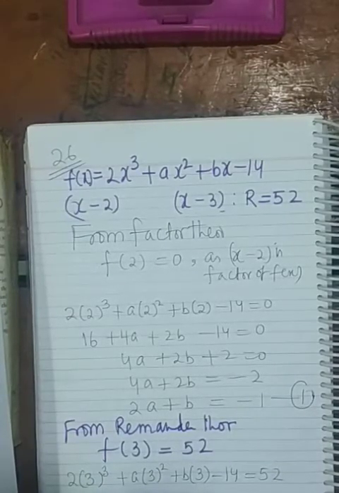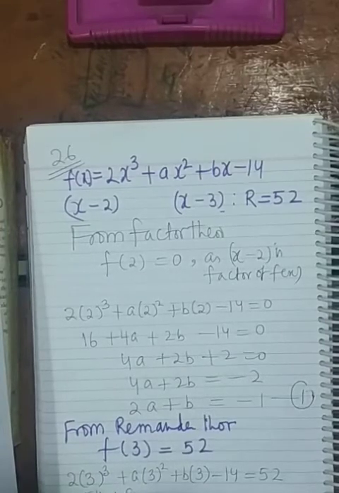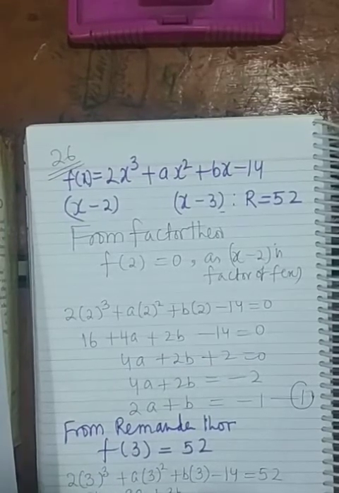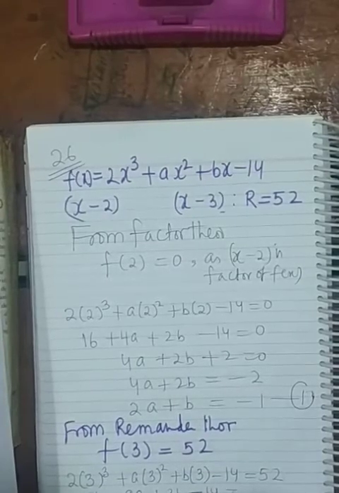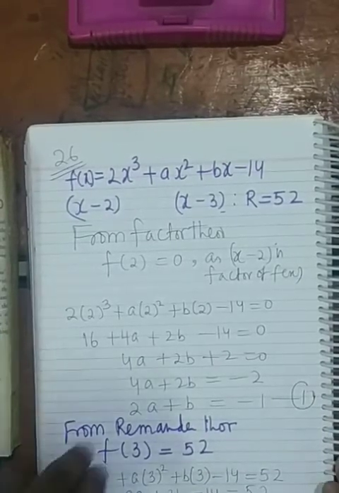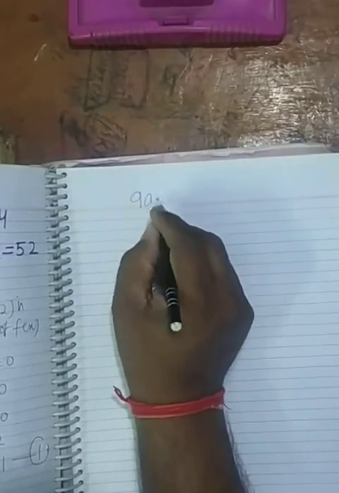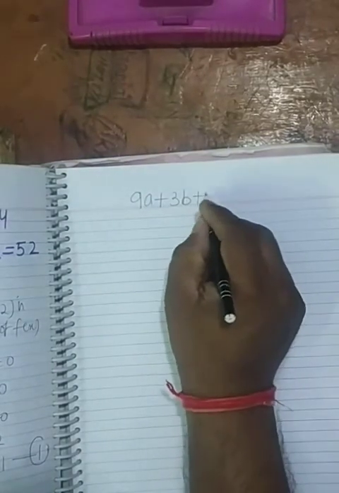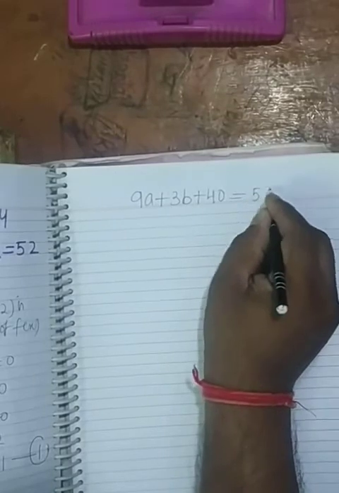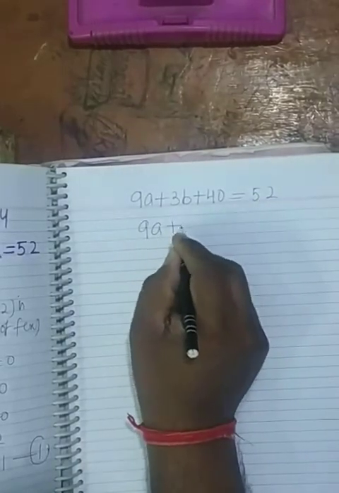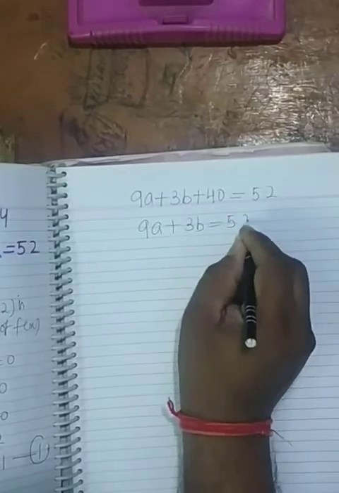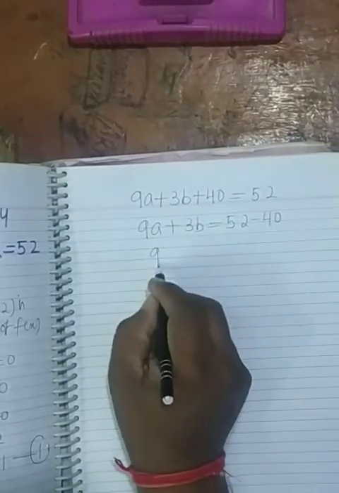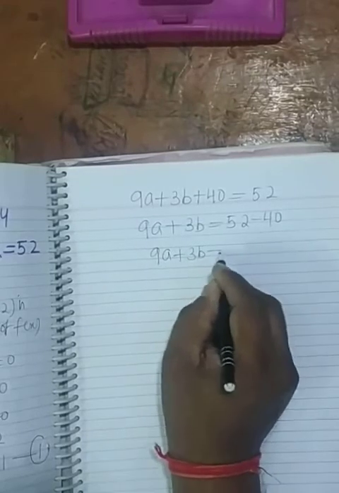So 54 plus 9a plus 3b minus 14 equals 52. So 9a plus 3b plus 40 equals 52, so 9a plus 3b equals 52 minus 40, that is 12.